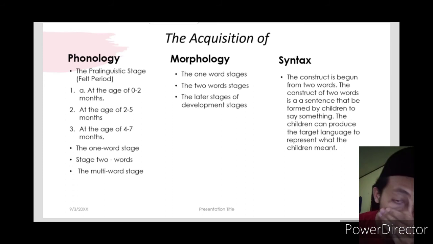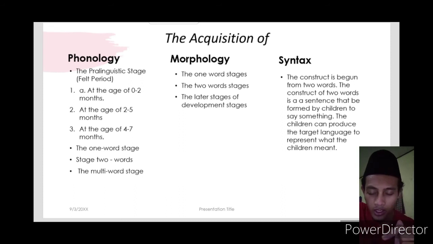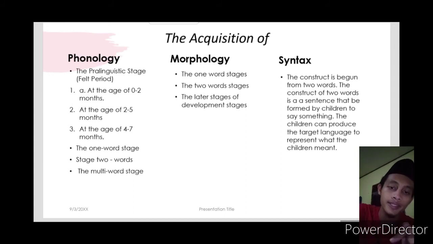For example, when the mother says "father comes," the children can imitate their mother by saying "father goes, father goes." So in this example, the children change the word "comes" to "goes."